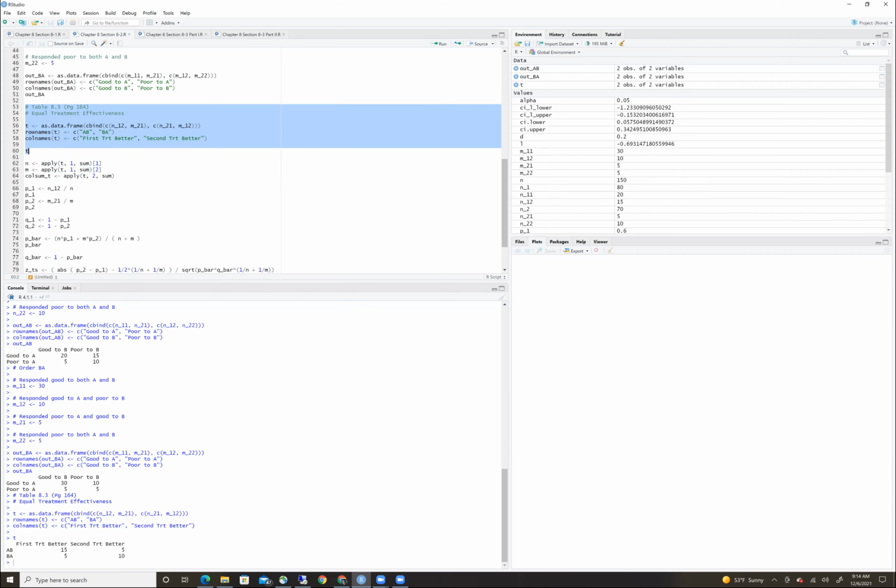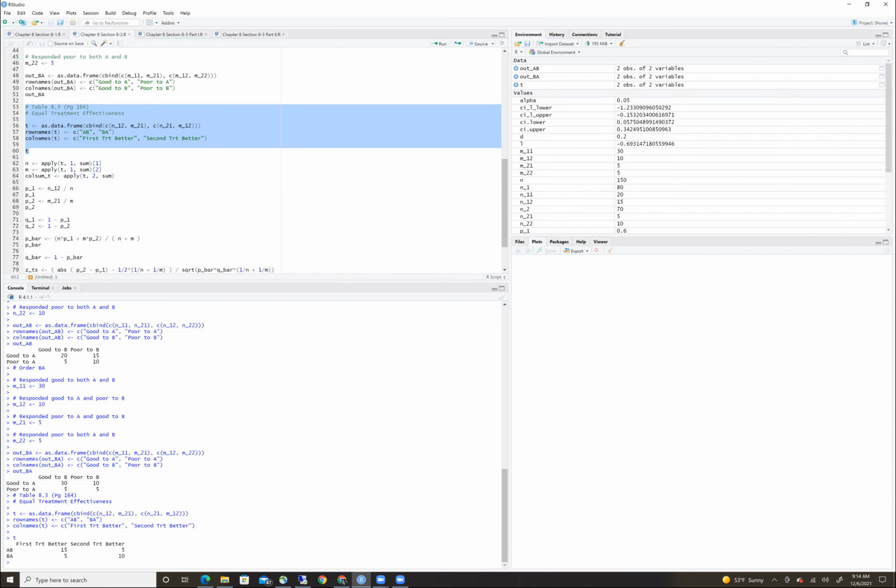So here, for the patients who went A to B, how many of them was the first treatment better, right? And for B to A, how many was the first treatment better? So in this case, we're also looking to find out, is it the actual treatment or is it the order in which you received the treatment?